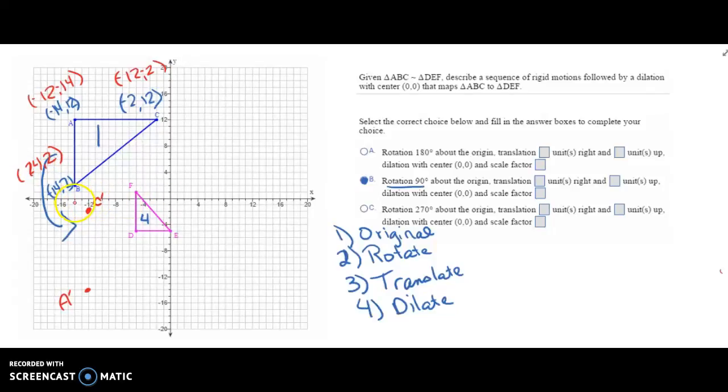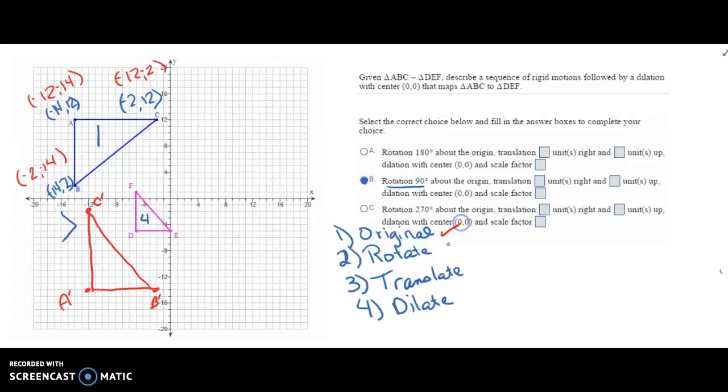So over 14. That's not right, just a second. I've got to switch them to 2, 14, and they're both negative. So over 2, down 14. And that is B prime.